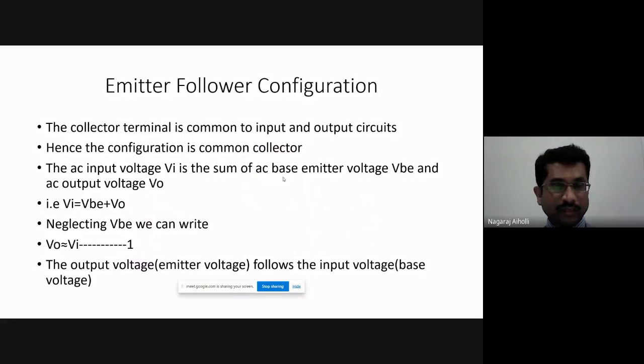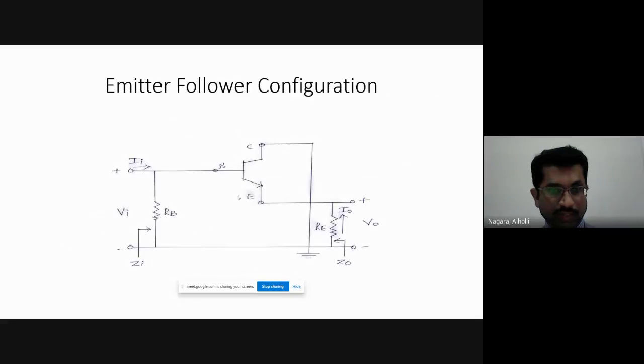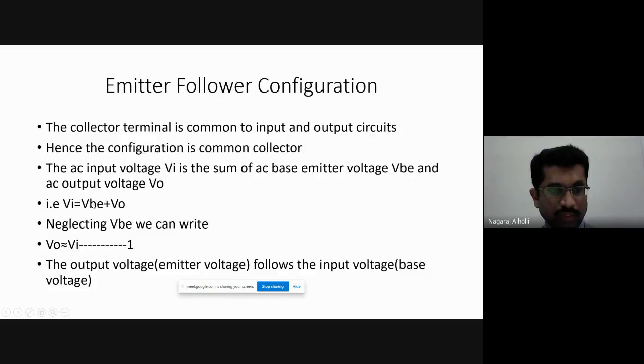The configuration is common collector. Let us write the equation for input voltage Vi. This is Vi. It is VBE plus V naught. Correct? They are in series across the input. Therefore, Vi is equal to VBE plus V naught, according to KVL.